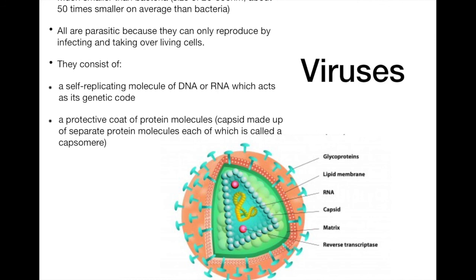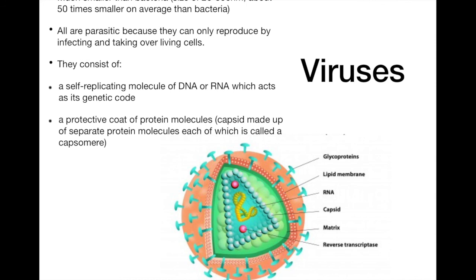Now, in 1852, a Russian scientist discovered that certain diseases could be transmitted by agents that, unlike bacteria, could pass through the finest filters. This was the first evidence for the existence of viruses, tiny organisms which are much smaller than bacteria and are on the boundary between what we think of as living and non-living.